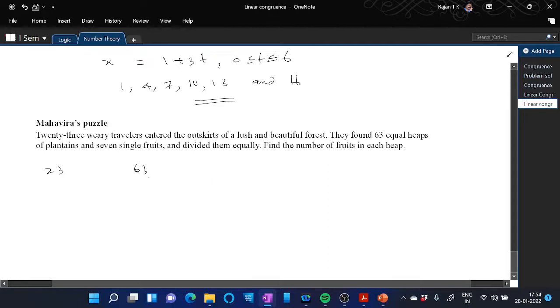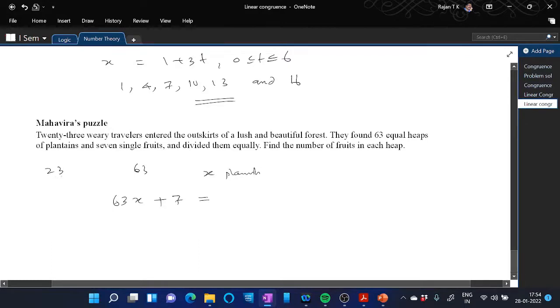Suppose each bunch has x plantains. So in total there are 63x plus another 7 single fruits, and that is divided among 23 travelers.